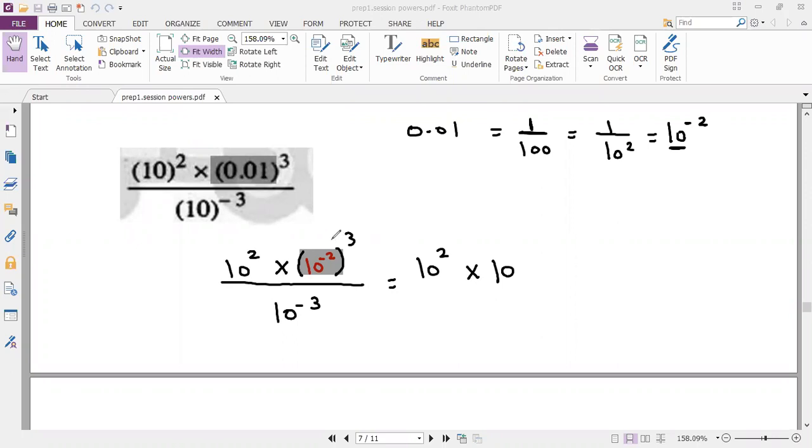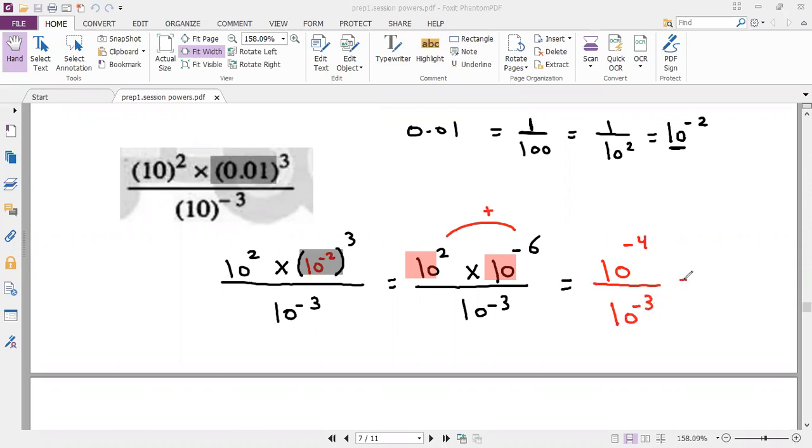So multiply them. -2 multiplied by 3 is going to be -6, over 10 to the power of -3, equals, when multiplying like bases, they are like bases now, okay? So we don't have any problem in multiplication. So we write 10 and then add powers. 2 plus -6 equals what? Equals -4, divided by 10 to the power of -3.